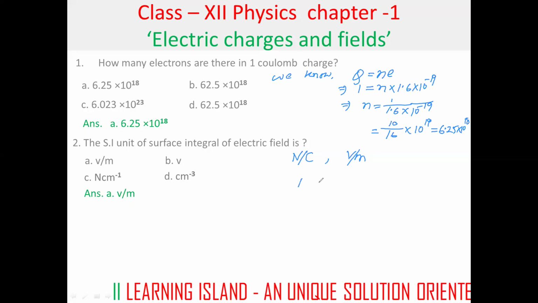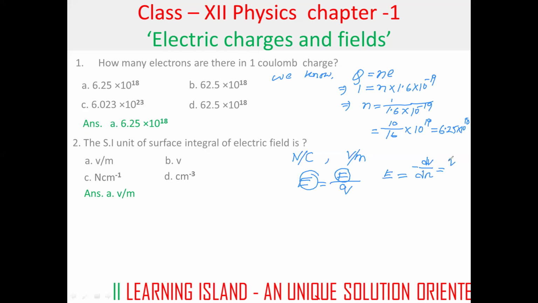E equal to electrostatic force by charge. The per unit charge, what is the value of electric force is called electric field. Again, E can be defined as dV by dr. That is voltage gradient.